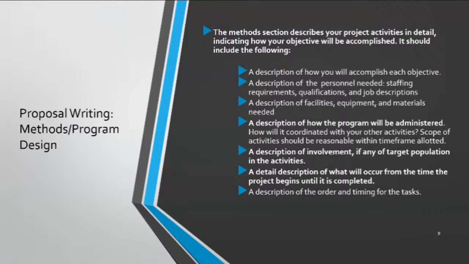And next, there should be a description of the environment, if any, of the target population that you're talking about, having them engaged and getting their thoughts as relates to the program, getting that feedback. Next, there should be a description of what will occur from the time the project begins until it ends.